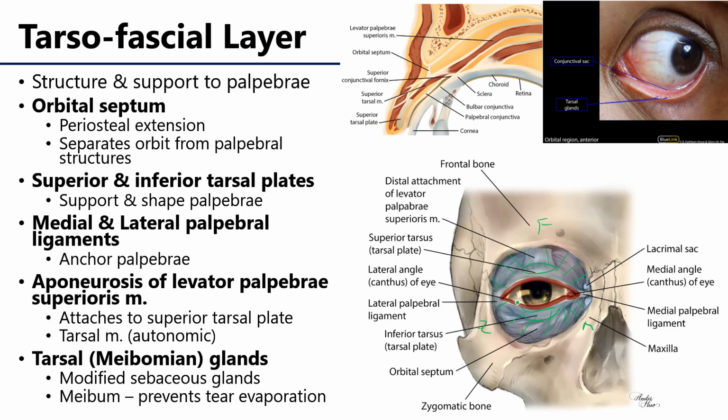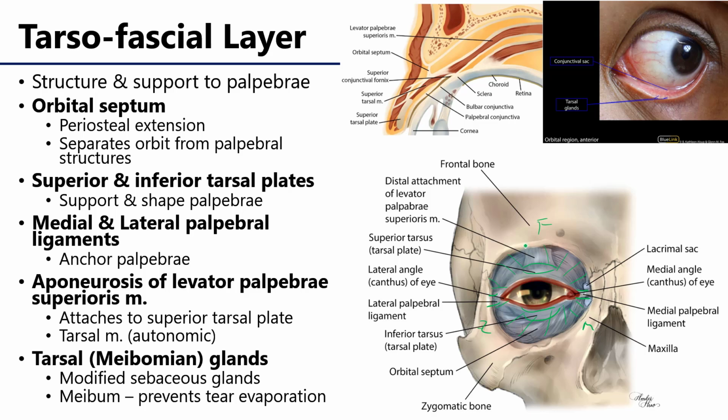Those tarsal plates also give muscles that control the palpebrae something to anchor onto. There are also medial and lateral palpebral ligaments, and these anchor the canthi, or the angles of the palpebrae, to the orbit.